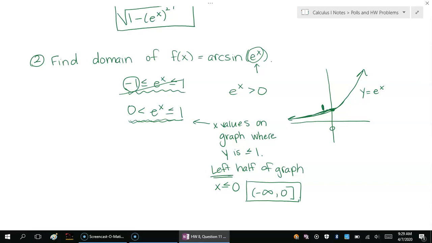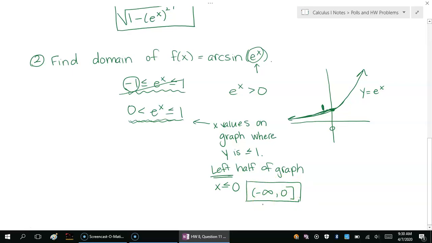And the easiest way to think about this is to go to the graph. That happens whenever I'm on the left-hand side of the graph. And the left-hand side corresponds to the x values that are negative, or less than or equal to 0. So that's my domain, the x values that are less than or equal to 0, which I can write as an interval in this way.